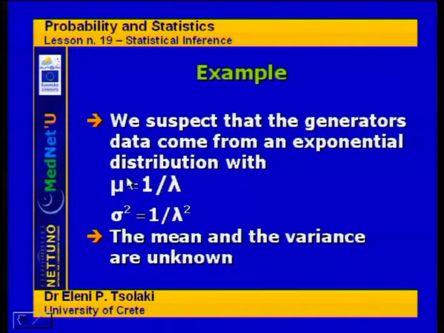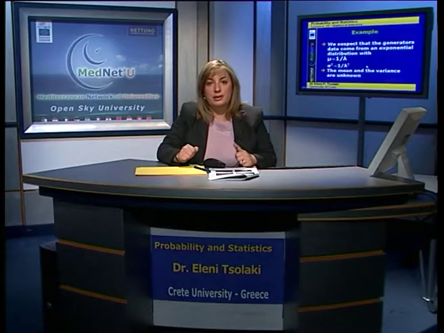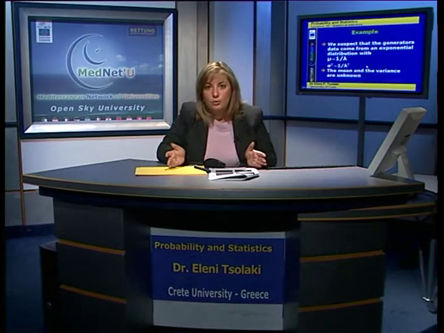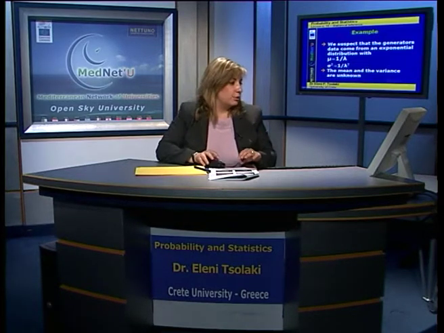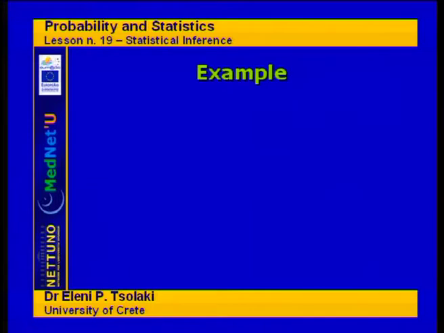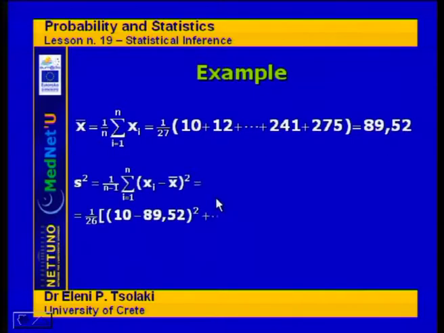Now these values, the true mean and the true variance or standard deviation, are unknown. We do not know what they are. But what we can do is calculate the sample mean, the mean from the sample, and the sample variance, the variance of our sample.